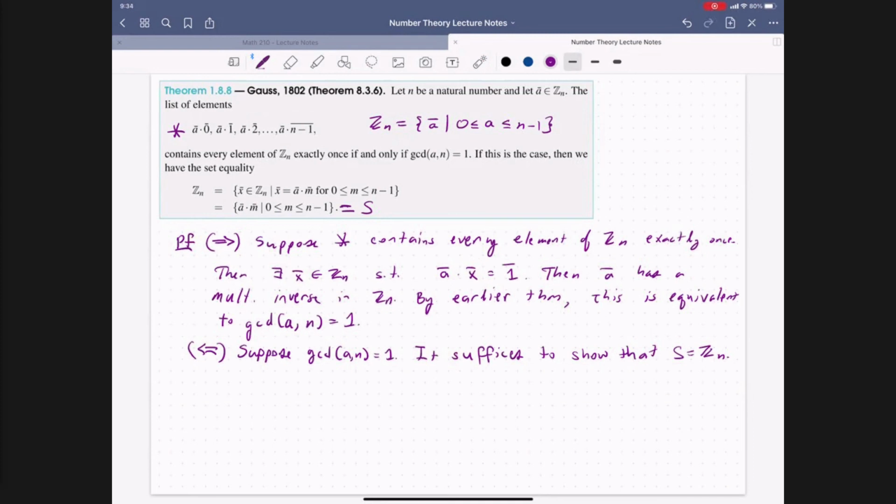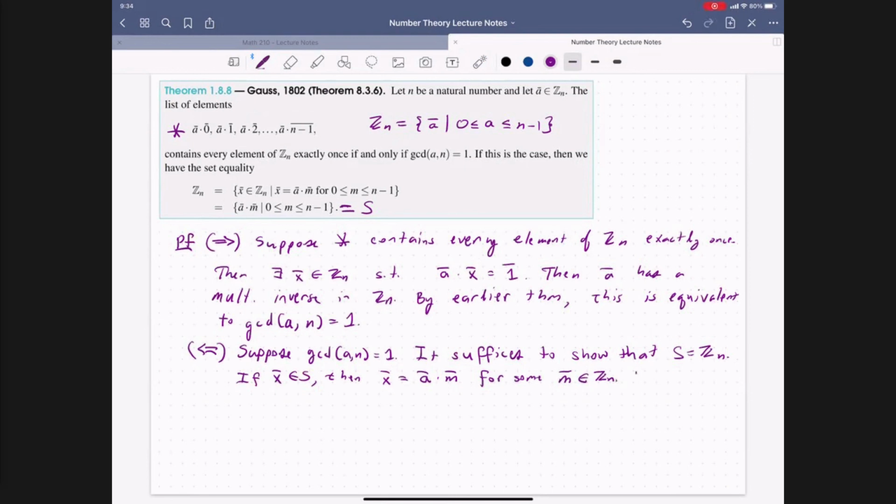So one direction is automatic. Namely, if x bar is in S, then by definition, x bar is equal to A bar times m bar for some m bar in the integers modulo n. But the integers modulo n is a ring, and A bar is in the integers modulo n.